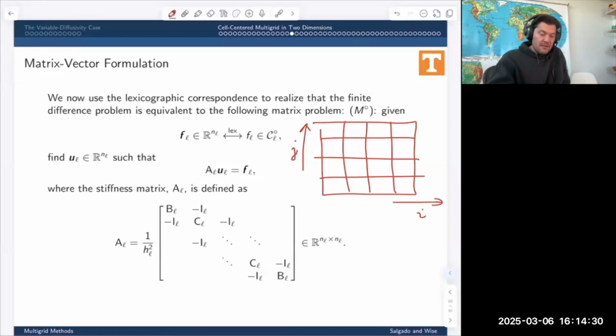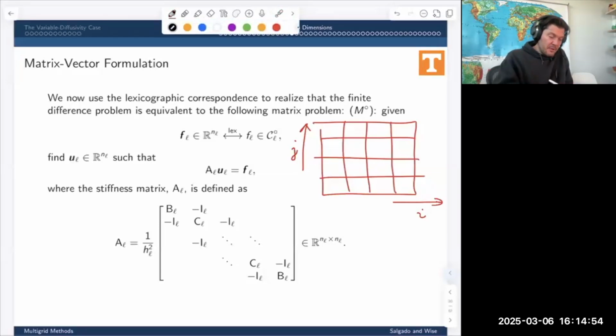So to find the value at any particular grid point, this would be, for example, i equals 3, j equals 3, i equals 3, j equals 4, and so on. But when I have the lexicographic ordering, I establish a way of counting these coordinates. And that way of counting is the most natural way of doing it, in my mind at least. I count from the bottom to the top, left to right.